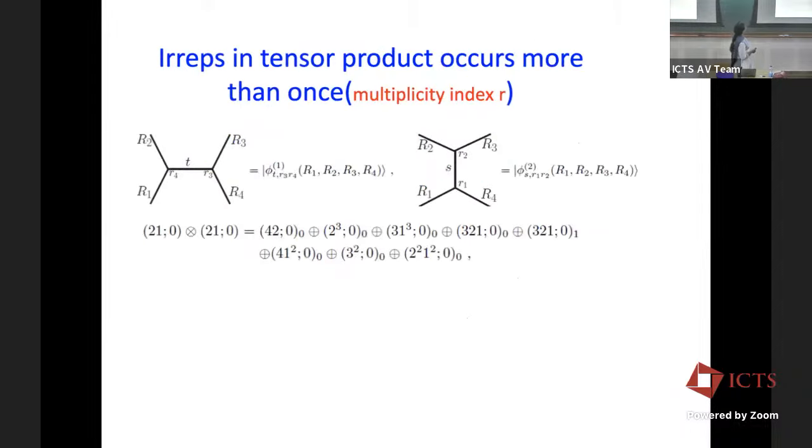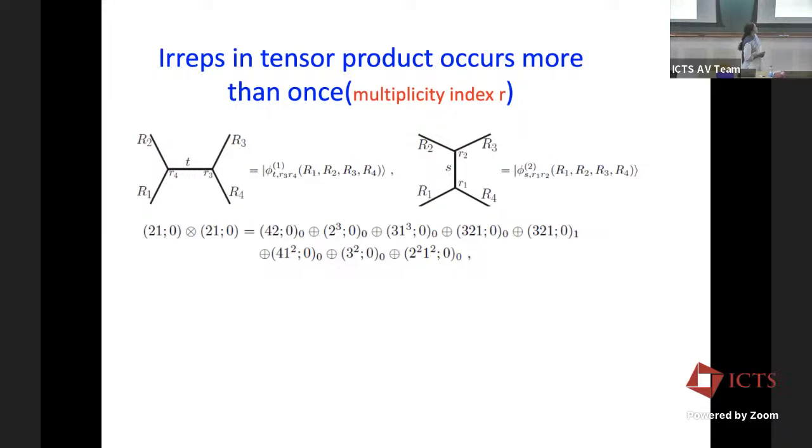One crucial point, which we all overlooked, including when I was writing my thesis, is that when you take the tensor product of octet with octet, you can get a diagram with 3 boxes, 2 boxes, and 1 box twice. I took both of them to have the same features. But now with Zhu and Joker's work, we put in an additional index, which you could call a refinement or multiplicity index.